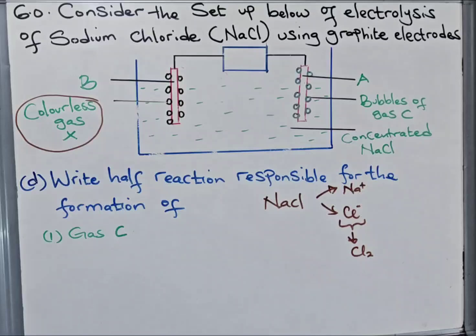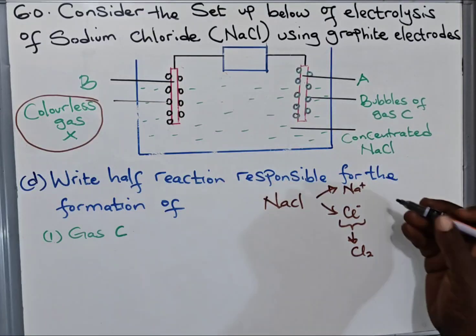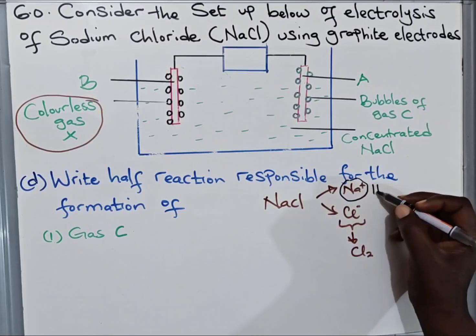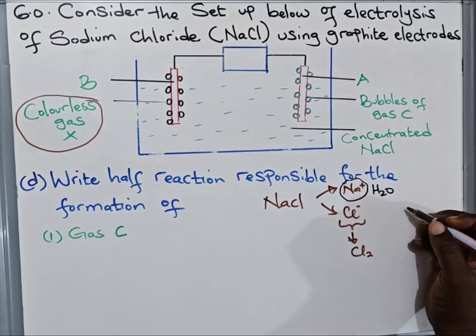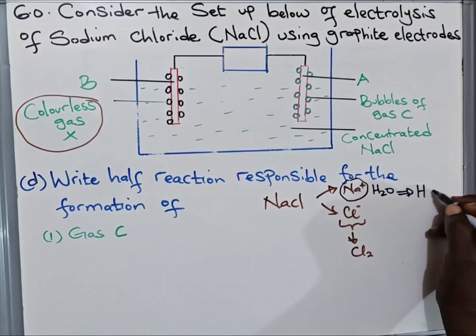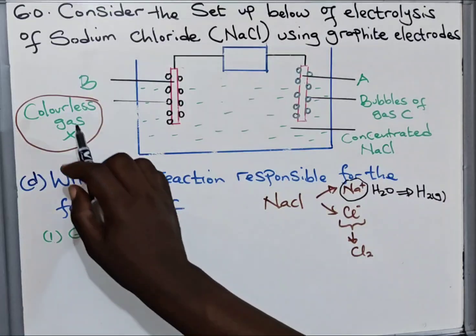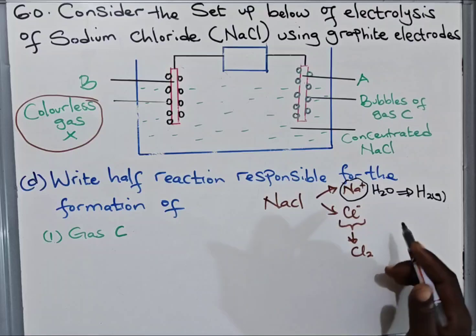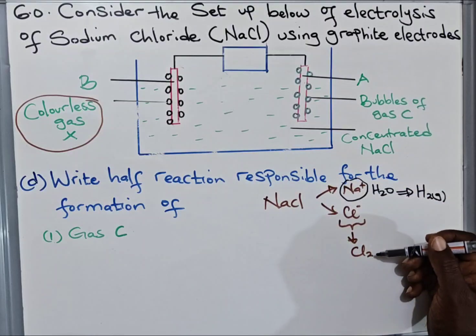Now, there is a situation here. Instead of sodium, water is the one which is reduced. And reduction of water leads to the formation of hydrogen. Hydrogen gas is colorless. So this is the gas we are talking about. The colorless gas is hydrogen, and this gas is chlorine.